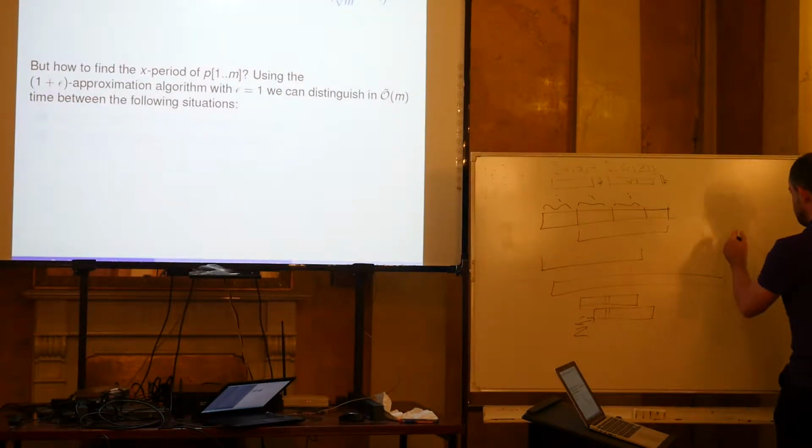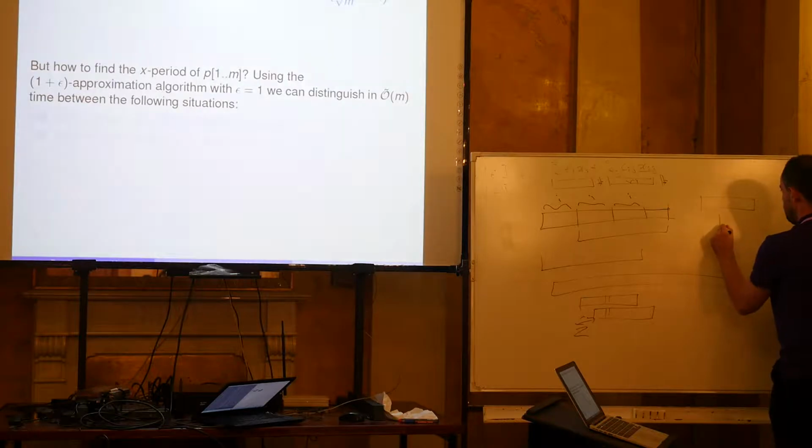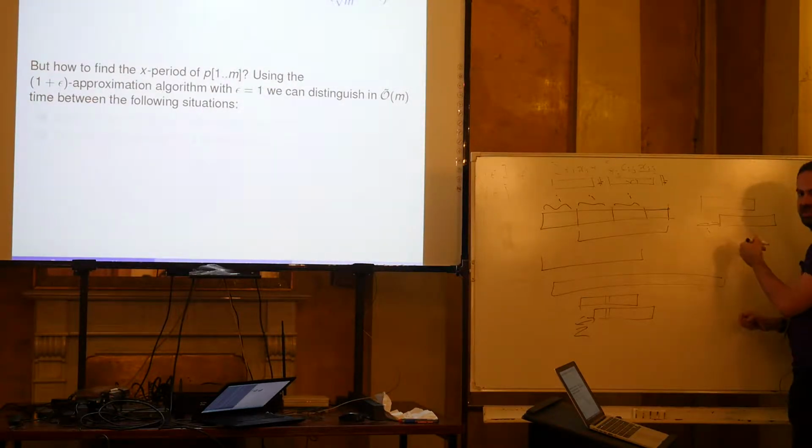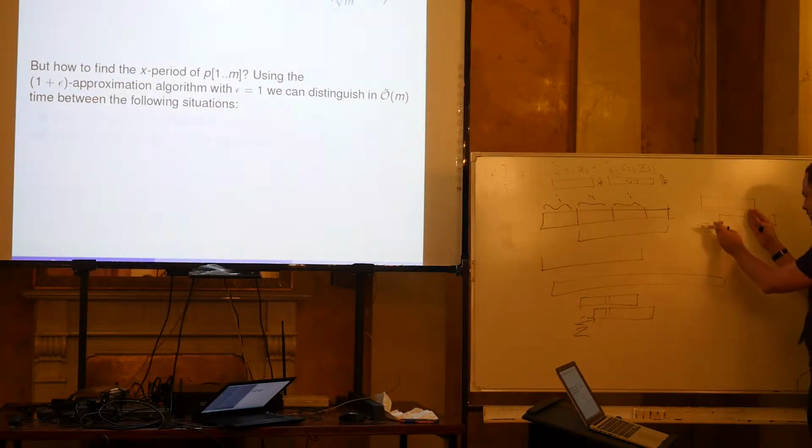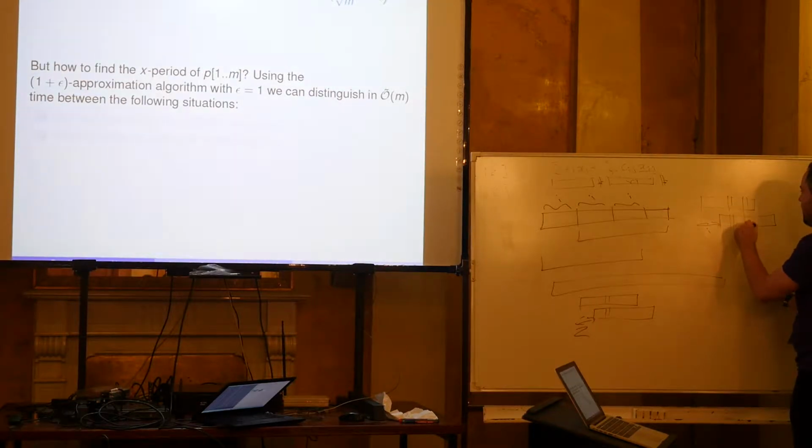To compute this x period, you have to take the pattern and find the smallest I, such that when you align the pattern with itself at offset I, you get very few mismatches. That's the notion of x period. You take another copy of the pattern, align it in such a way, and count mismatches, and you would like to have at most x mismatches.